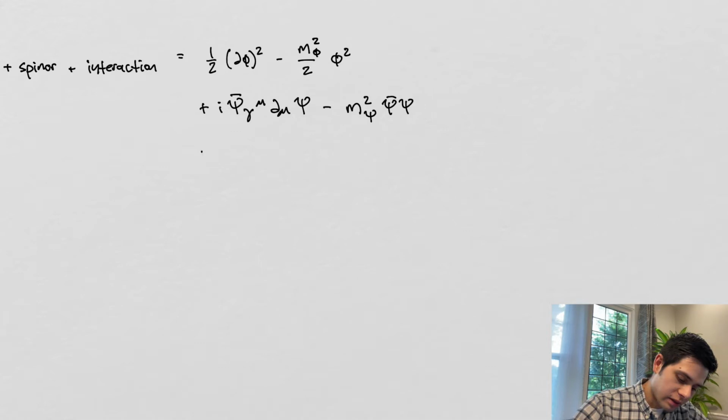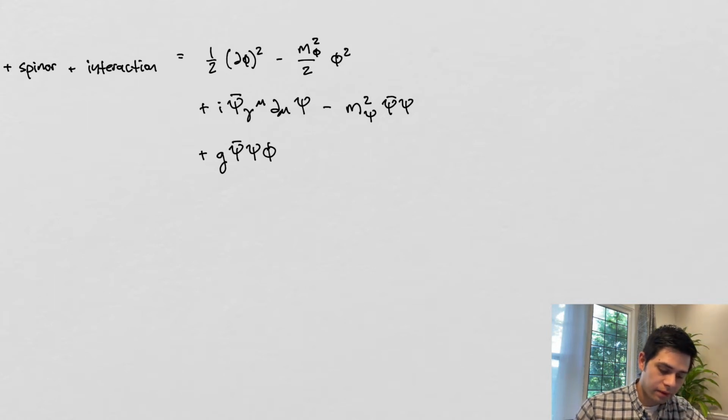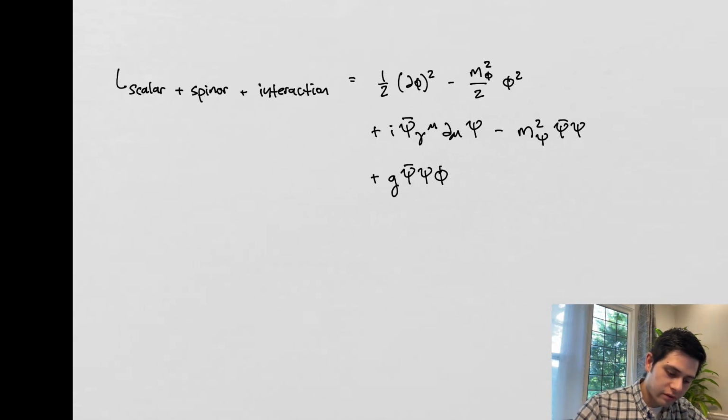And then we're going to add this Yukawa term, g psi bar psi phi. So we have the scalar part, the spinor part, and the interaction part.